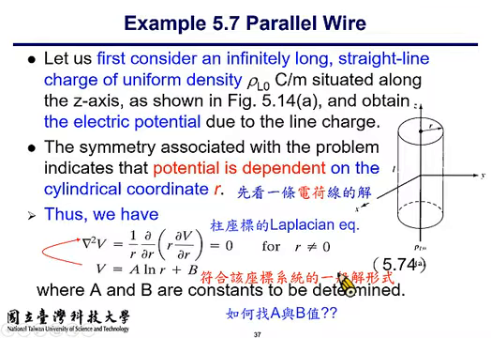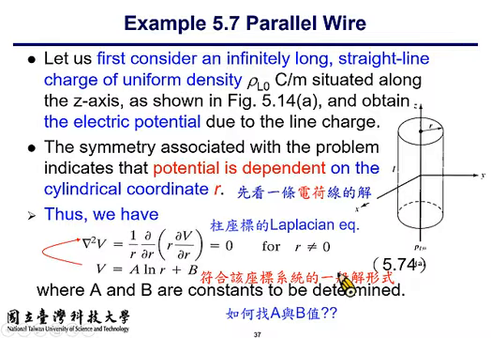So the Laplacian of V equals 1 over R times the derivative over R of R times the derivative of V over R. And the general solution is this: A times log of R plus B. So in this solution, the unknowns are A and B, the two constants.